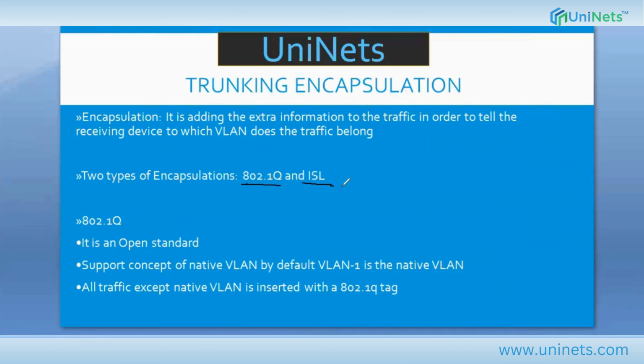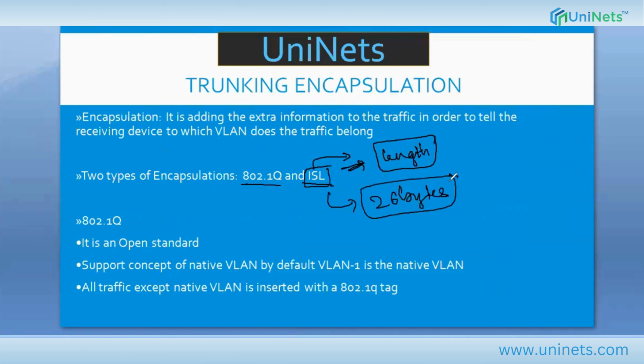But the very bad thing is that now even Cisco is not supporting this ISL tagging. There are various reasons. First thing is because of its length. ISL tagging is 26 bytes, whereas 802.1q is very light, only 4 bytes.